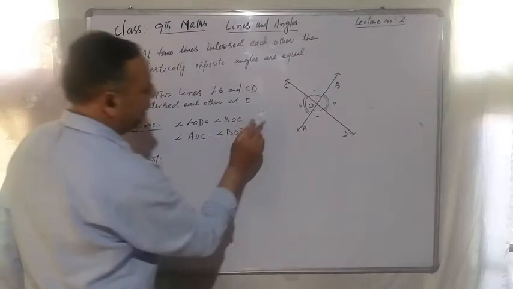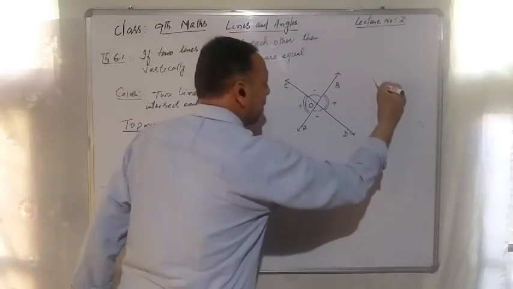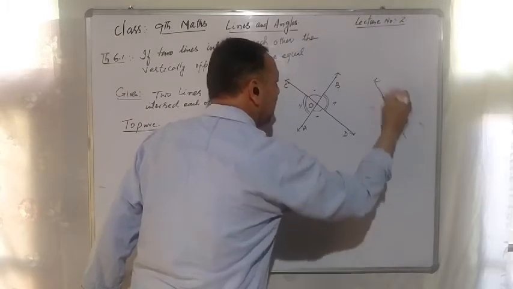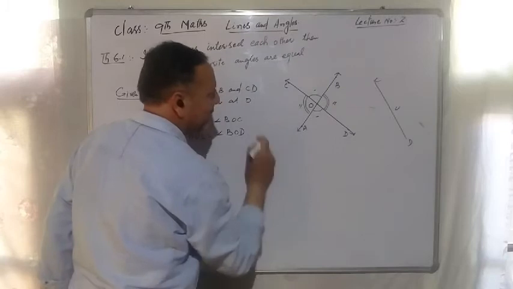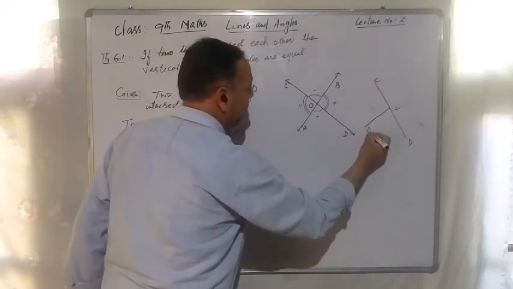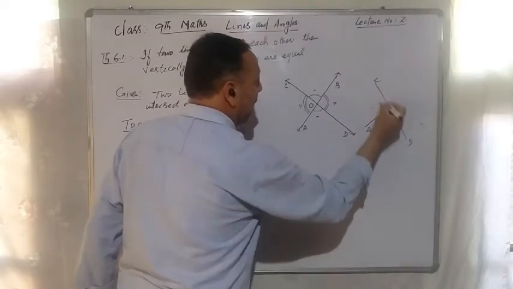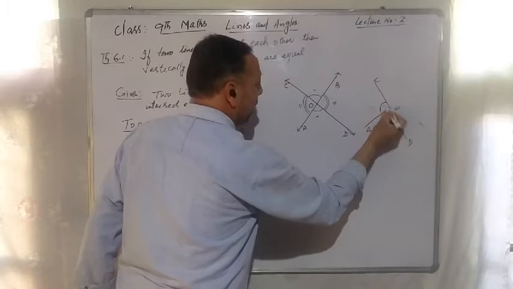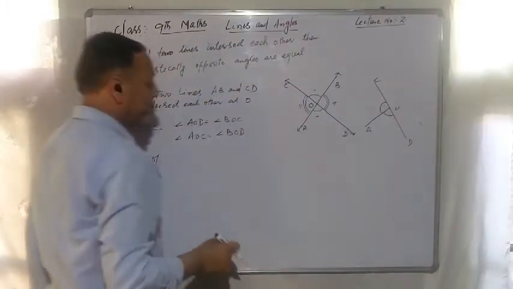Now look at the figure. You take line COD. COD is a line, and ray OA stands on it. That means this angle AOD and angle AOC, this angle plus this angle is 180 degrees, because these are a linear pair of angles.